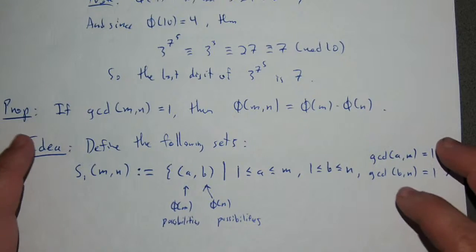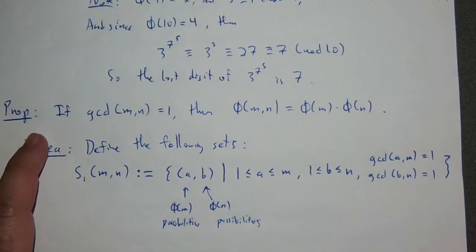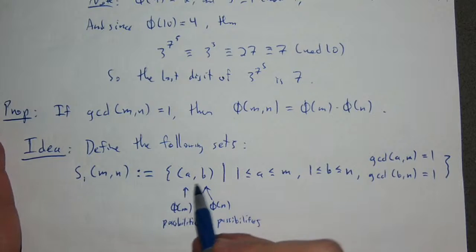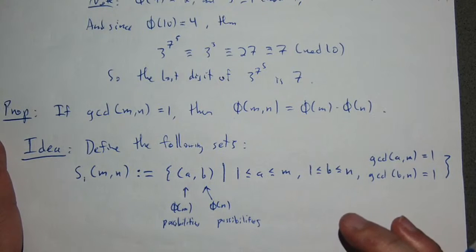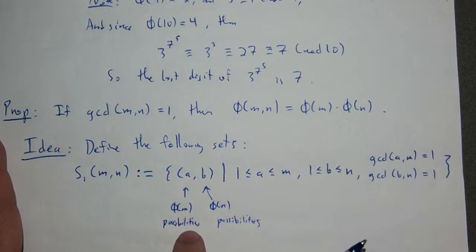But the idea here is that if I'm counting the total number of elements, these slots are independent of one another. There's no interference between the slots. So the first slot gives you phi of m possibilities. The second slot gives you phi of n possibilities.